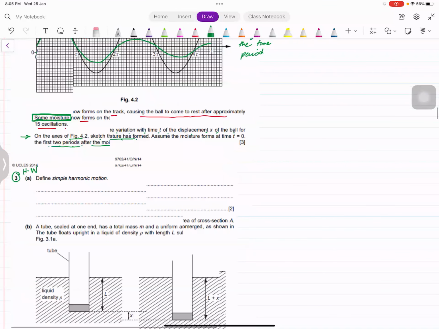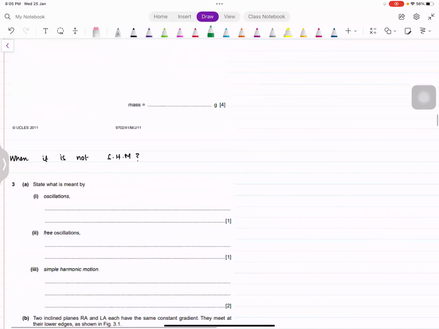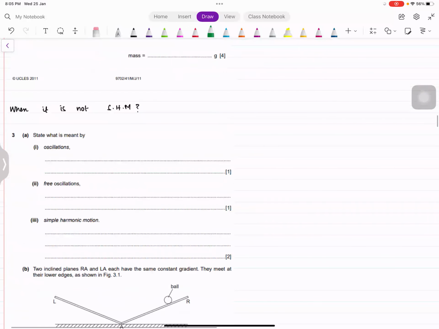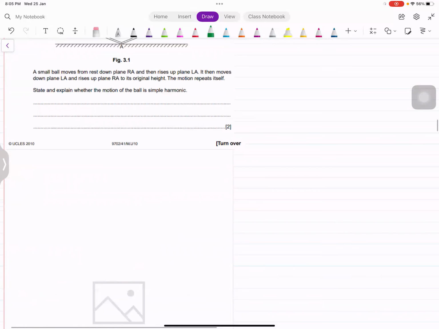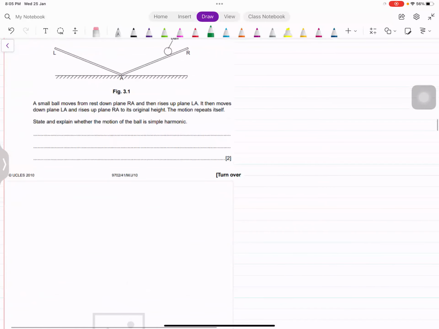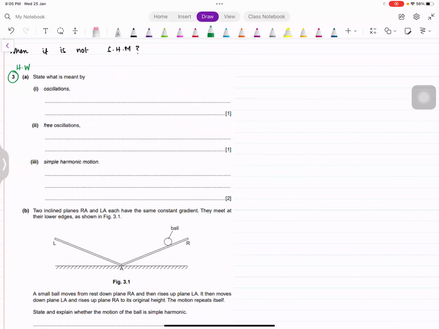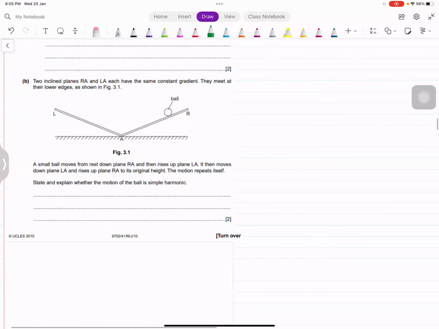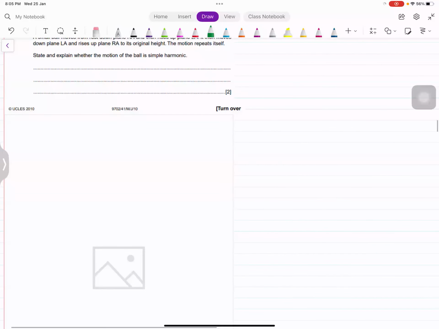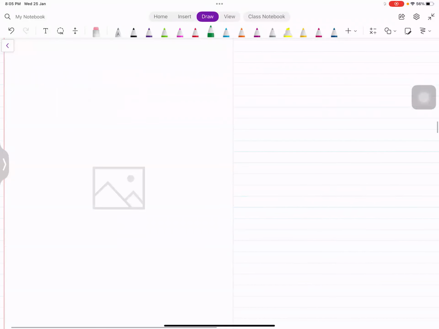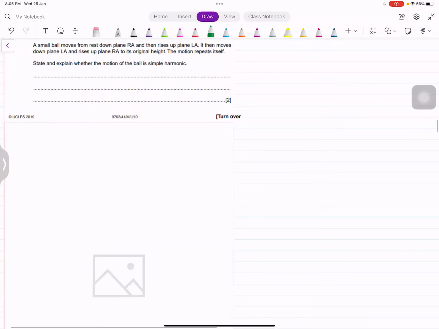Right now you do this as homework. When it is not SHM, right? Please just do this as homework and try to answer the questions here. Even if you fail to do that, it's all right, but I'm going to solve this next week.